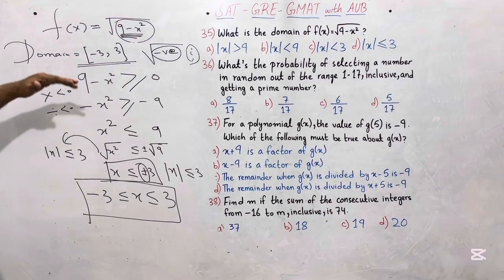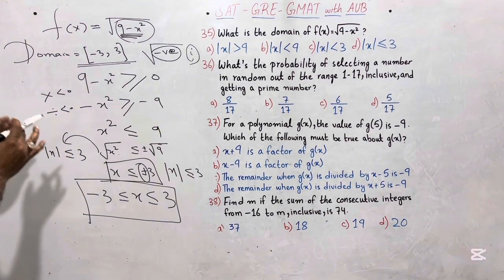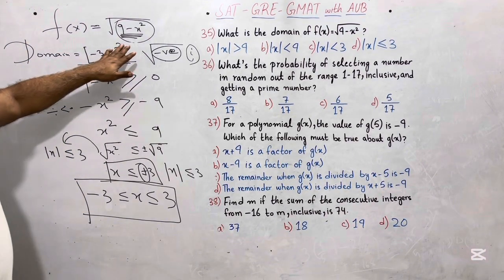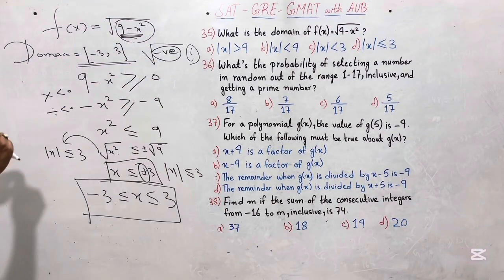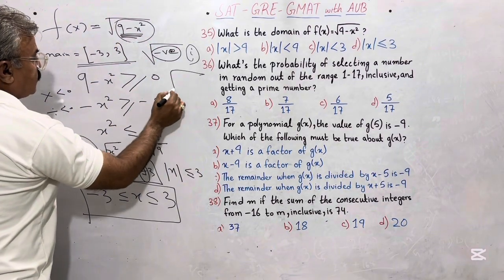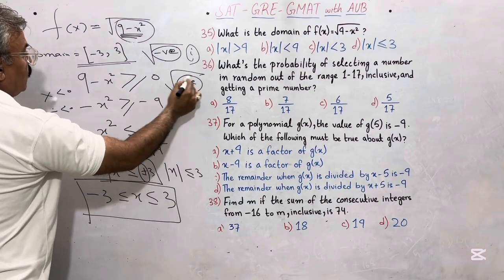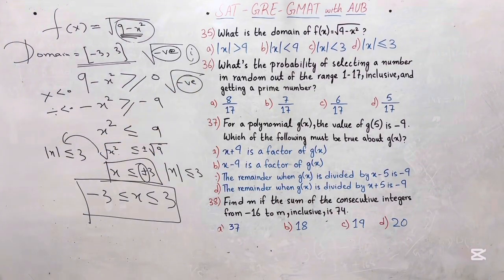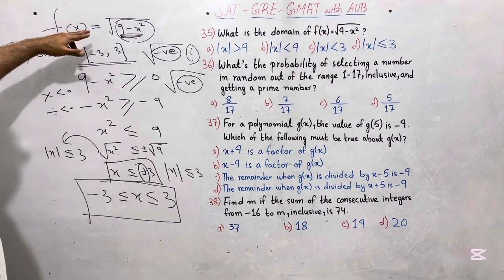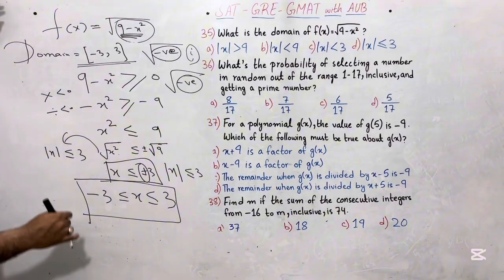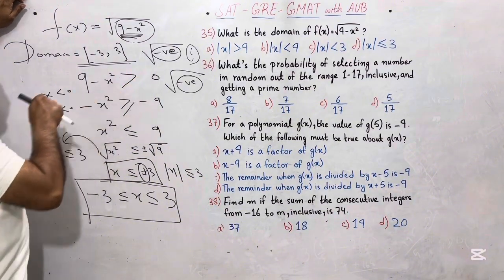Whenever a function has a square root, you have to take care of things. The overall quantity in the square root cannot be negative. Number one. Number two, if the square root is present in the denominator, then you have to drop the equality sign as well.